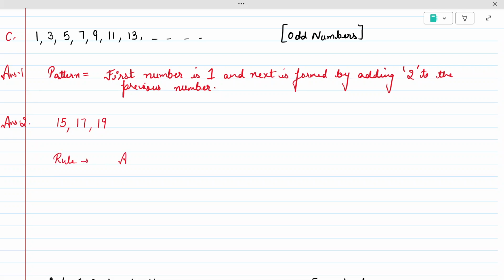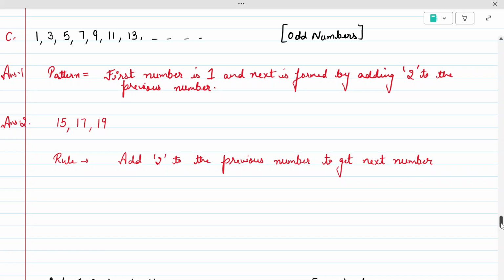It is add 2 to the previous number to get next number, right? So this was the sequence of odd numbers.